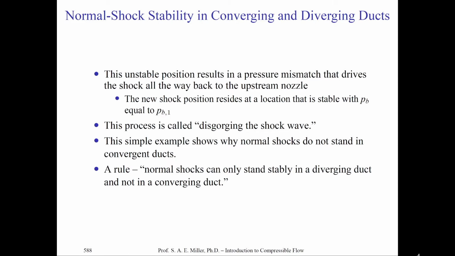The shock is disgorged, and of course, then we would have engine unstart. If the shock is disgorged, that means it travels all the way upstream through the test section, maybe breaking our models, and that would be an unstart condition. The new shock position, after it moves up the tunnel, will be located at a location which is stable with PB equal to PB1.